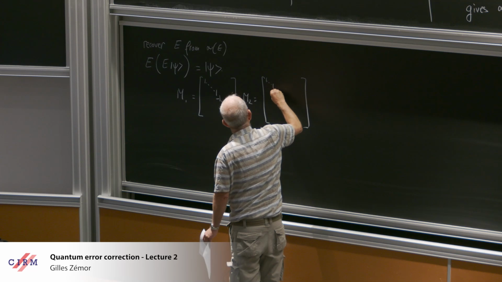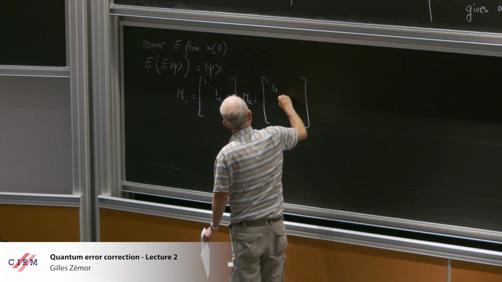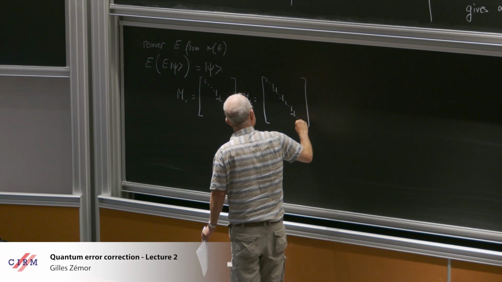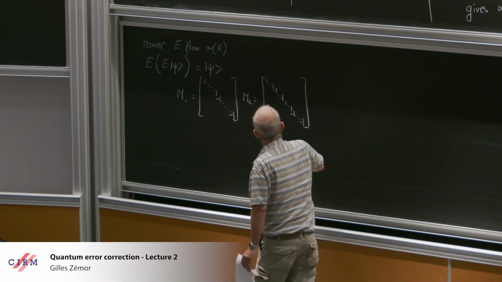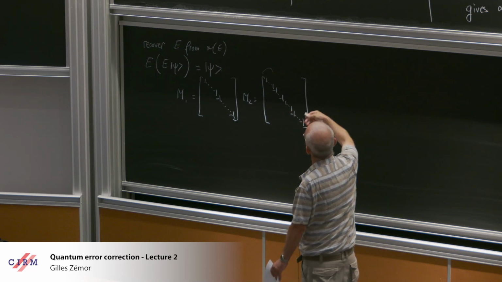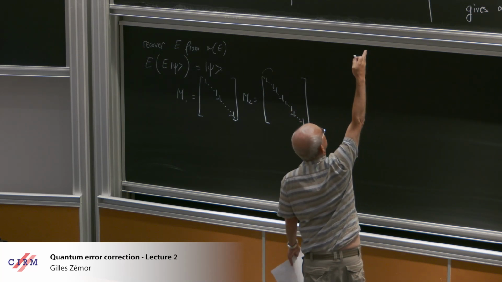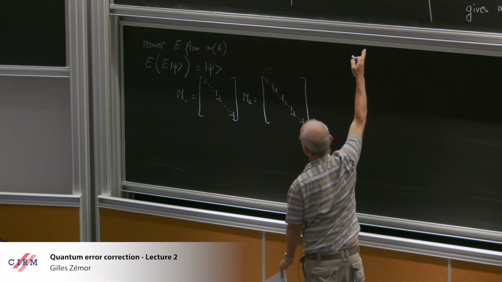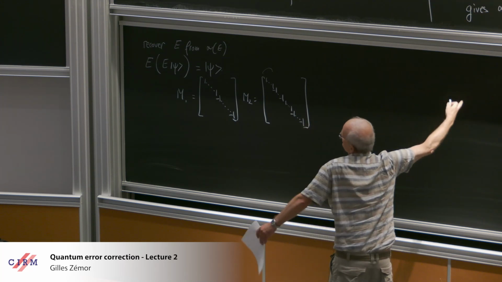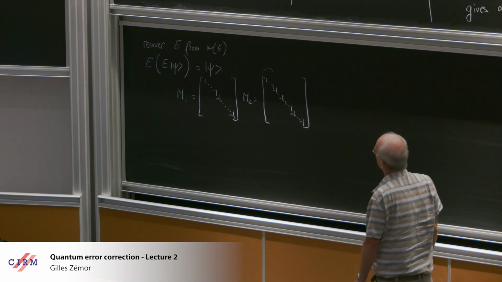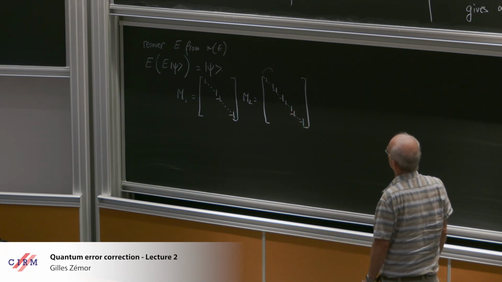So some ones, some minus ones, some ones again, some minus ones, and here we will have a basis for one of the C of S in the case of two generators, and this can be applied to any number of generators of the stabilizer group.